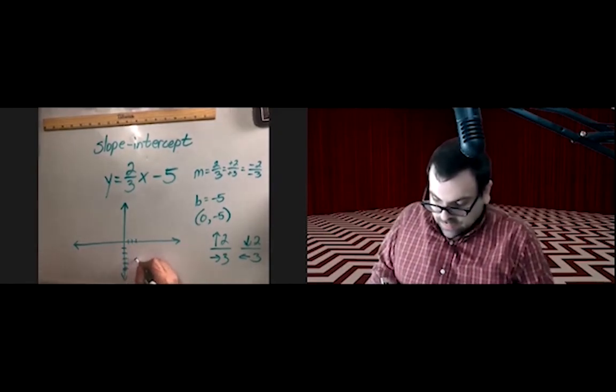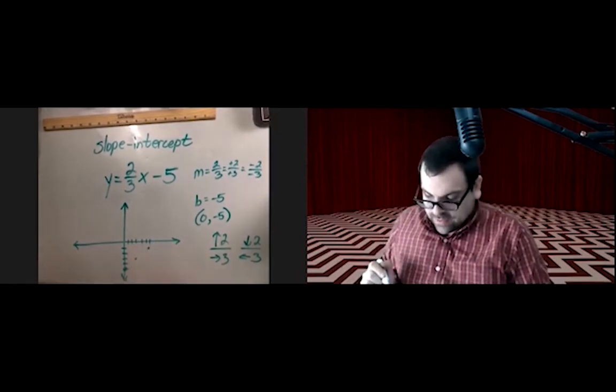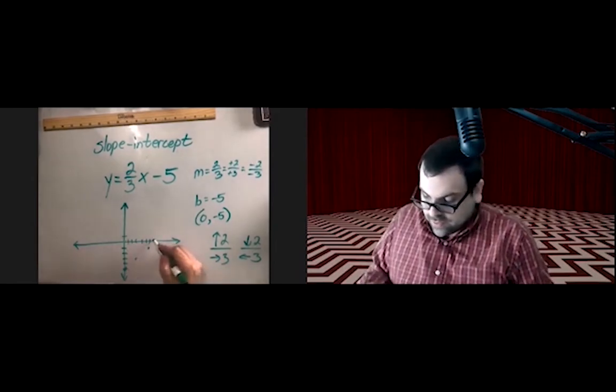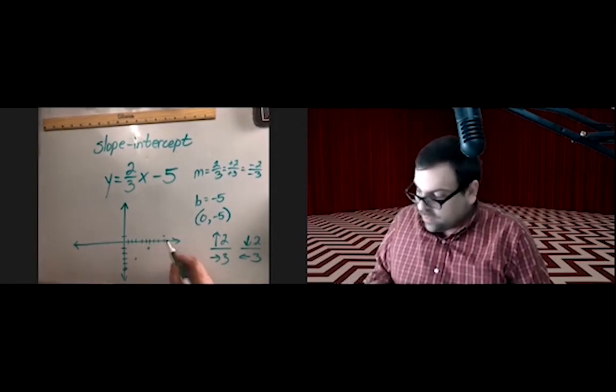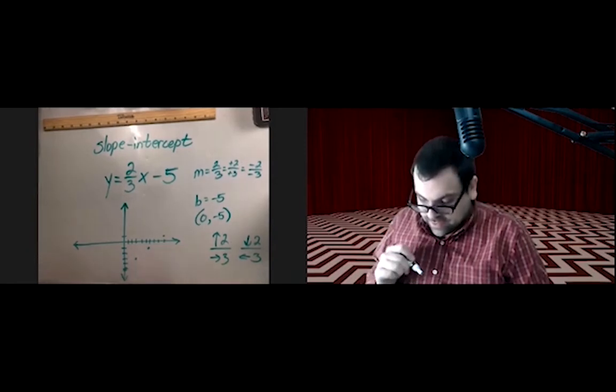Up 2, right 3. And then up 2, right 3. And notice from any one of these points, we can go up 2, right 3, or we can go down 2, left 3, down 2, left 3.